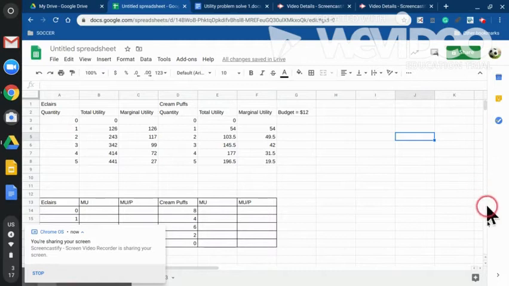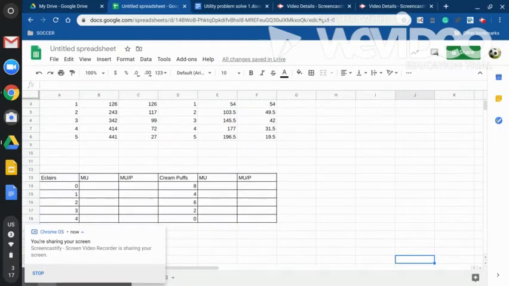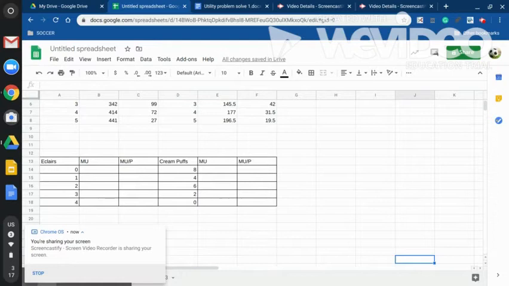Okay, so far I have calculated the marginal utility, and then I figured out that I don't need to care about any more than 4 eclairs, right? Because that's outside of my budget. And now I've calculated how many cream puffs I can buy to use all 12 of my dollars.